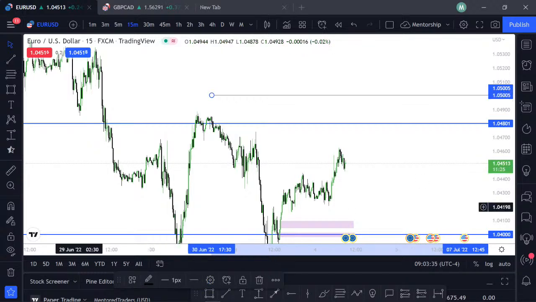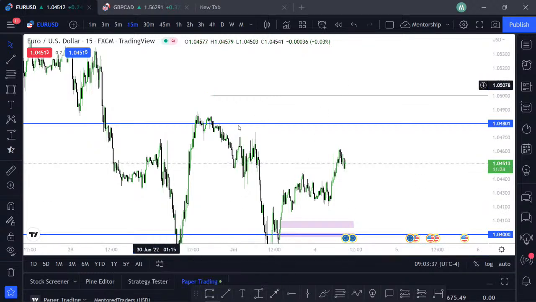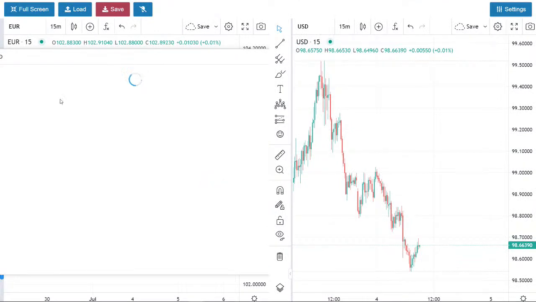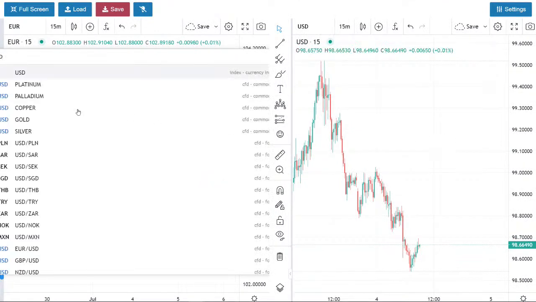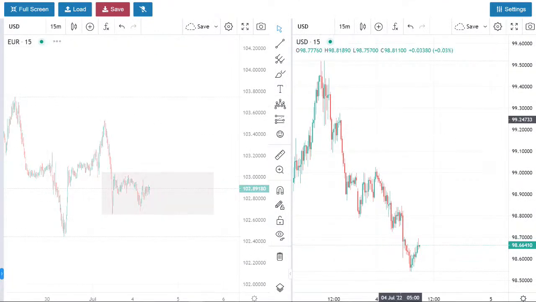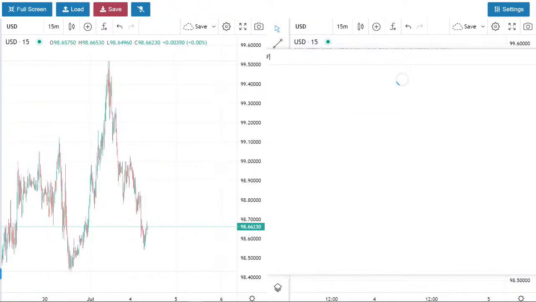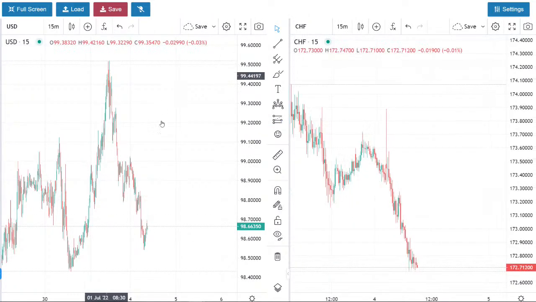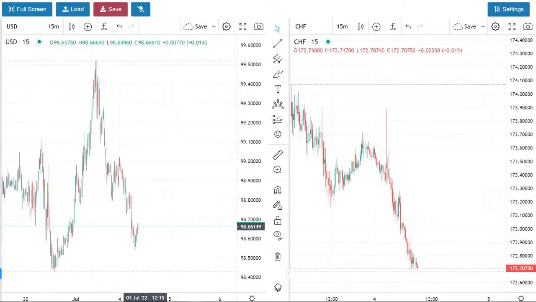USD CHF. Let's first look at the dollar, then the Swiss. USD on my left hand side because it's the base, then the CHF, the Swiss, on my right hand side because it's the quote. The dollar is selling and the Swiss is also selling.